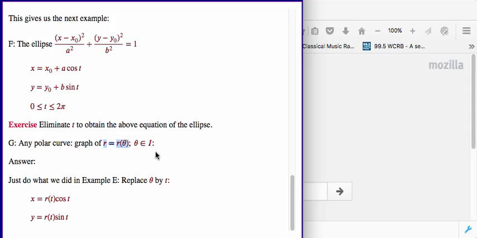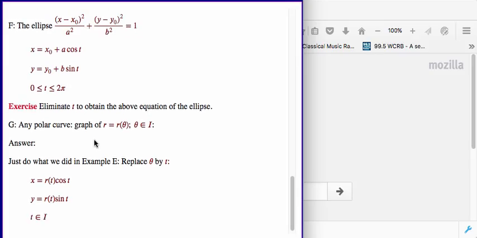And theta is now t. So it's going to be r of t instead of r of theta. It's r of t multiplied by cosine t. And y would be r of t sine t. And t would be in the interval I, which I'm just adding in there.